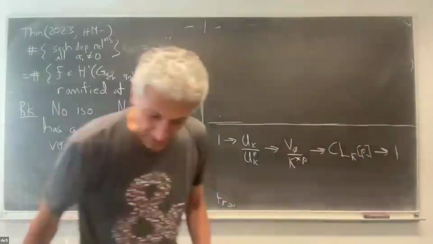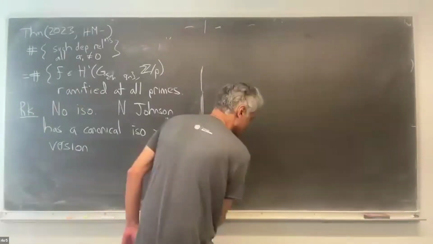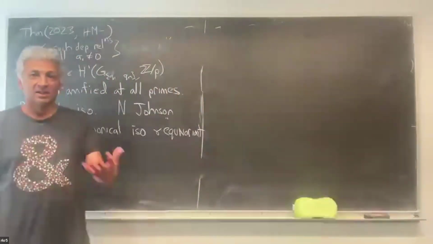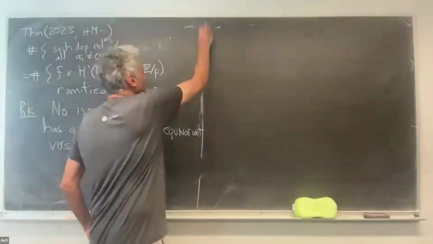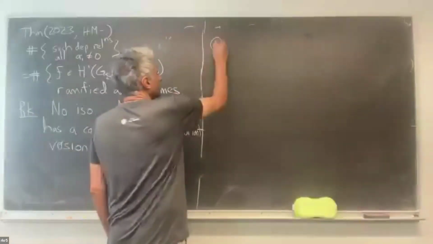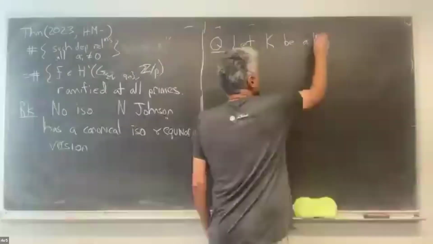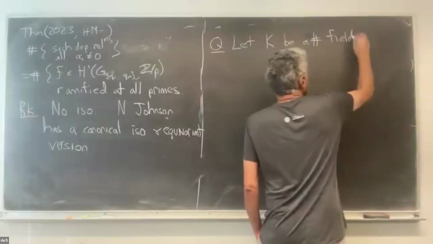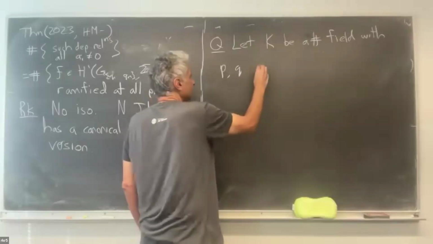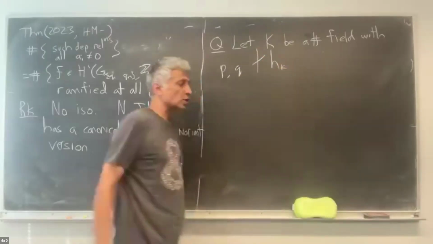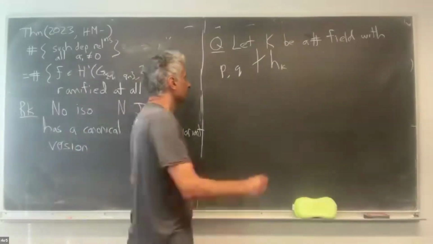Let's see, do I want to? Yeah, let me state a hard thing. And well, as far as I know, this is an open problem. And since the seminar is supposed to be about open problems, let me state one. So let's take a number field K and 2 primes p and q that do not divide its class number.